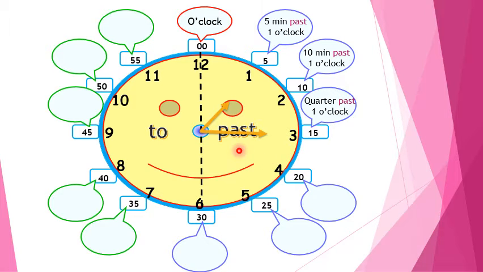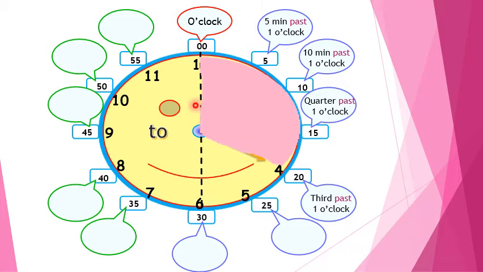When the long arm is on 4, it's 20 minutes. We can say 20 minutes past 1 o'clock, or we can say it's third past 1, because this part is like a third. It's easier to say third past 1 instead of 20 minutes past 1.